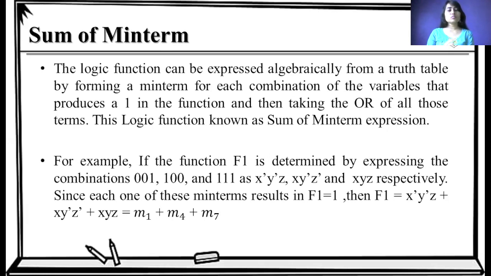Now from the table, we can write 001 in minterm format as x' y' z. For 100 we have x y' z', and for 111 we have x y z. So this is how we can represent these combinations with minterms.